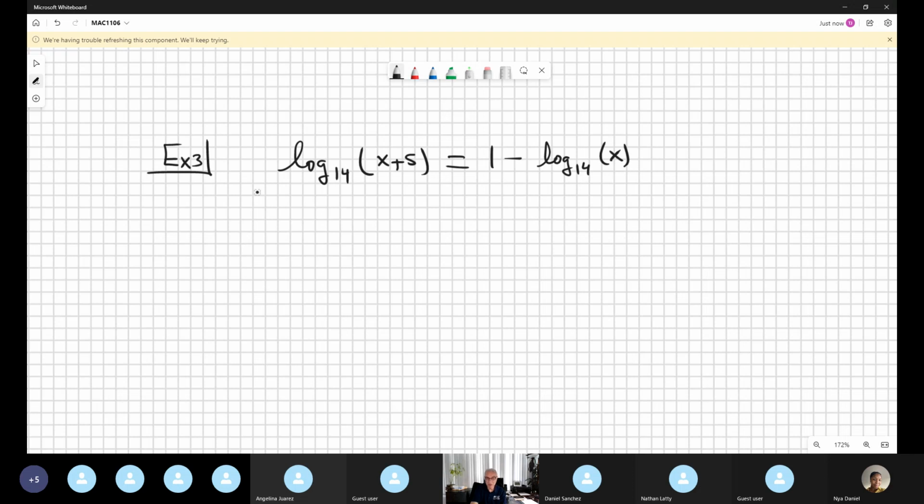But this is no problem for me because I move it, and that's it. So I move, for example, this stays here, plus logarithm base 14 of x equal 1. That makes sense, right?